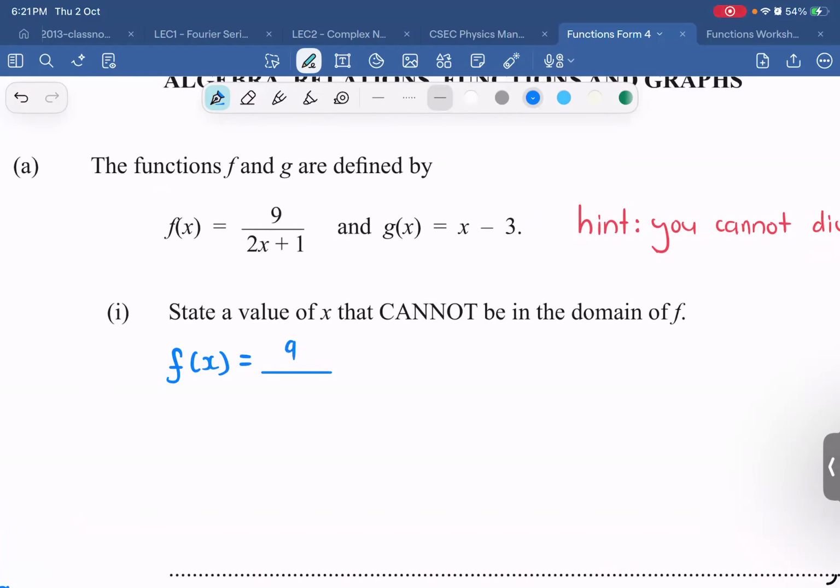Right. 9 is the numerator, and 2x plus 1 is the denominator.